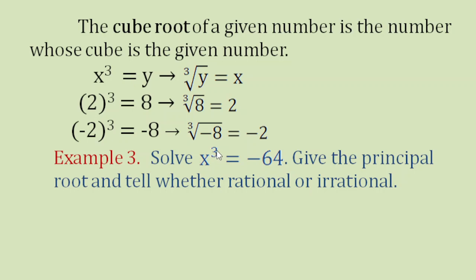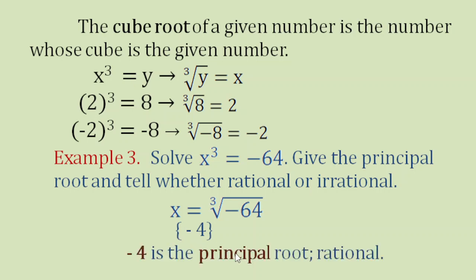To get rid of this power 3 here, we are going to find the cube root of both sides. From our illustrations, we see that if the index is odd, or 3 specifically, there is only one root. So we can write x equals the cube root of negative 64, and there is only one, and that's negative 4. And this negative 4 here is what we call the principal root as well, and of course it's rational.